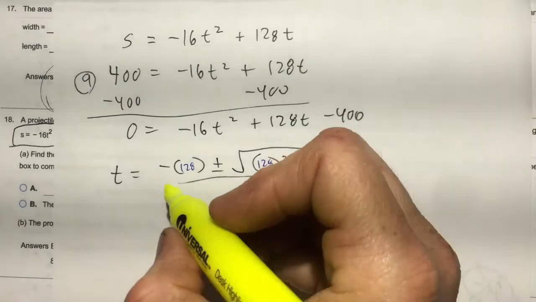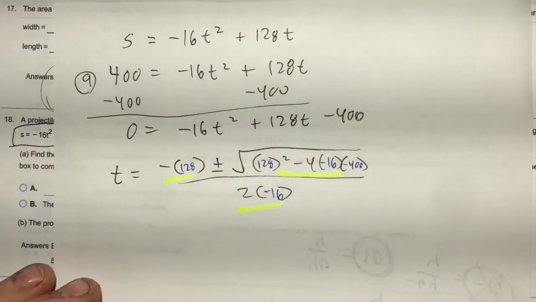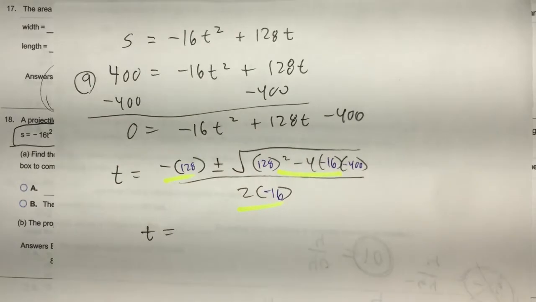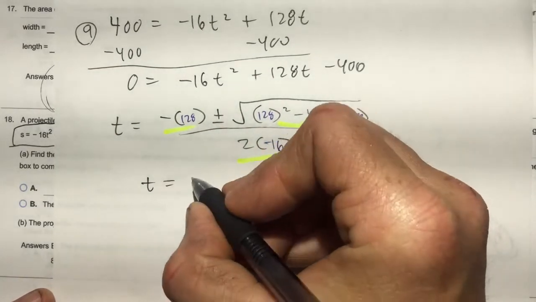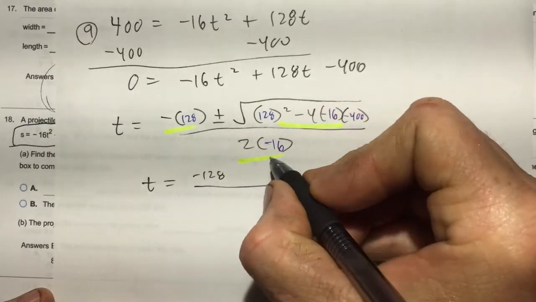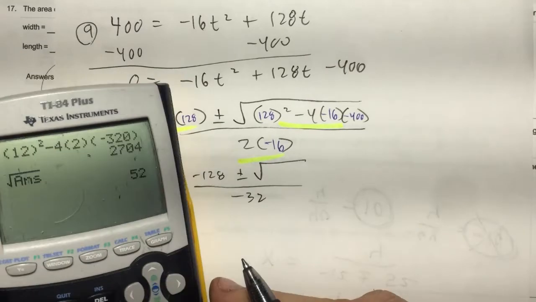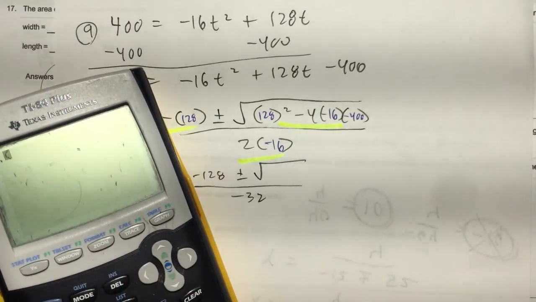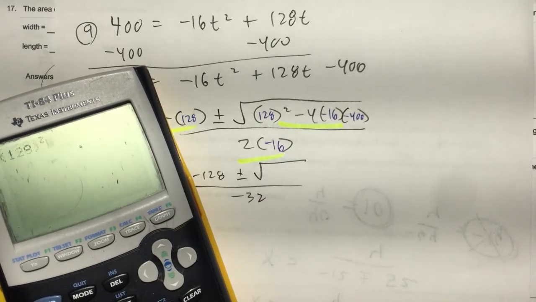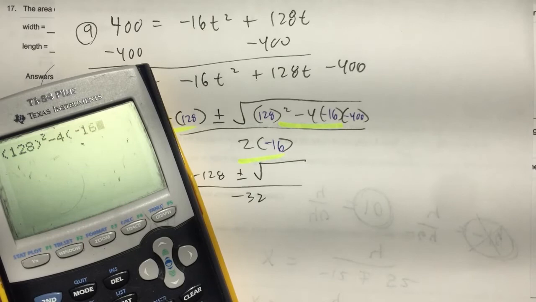All right, we've got 1, 2, 3 things to do here. All right, so t equals, I got -128. Down here I got -32. And my radical, all right, let's see here. 128 squared minus 4, and that's a -16.